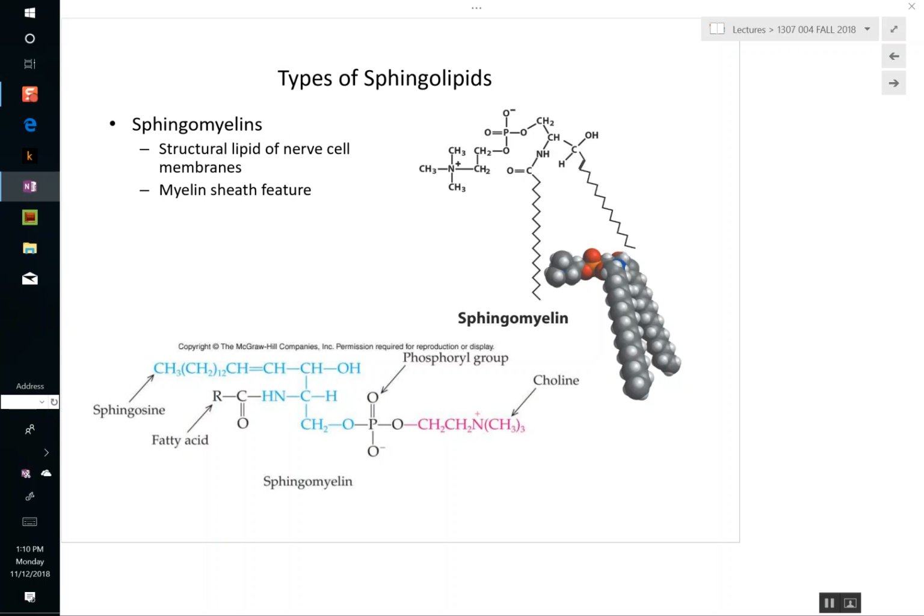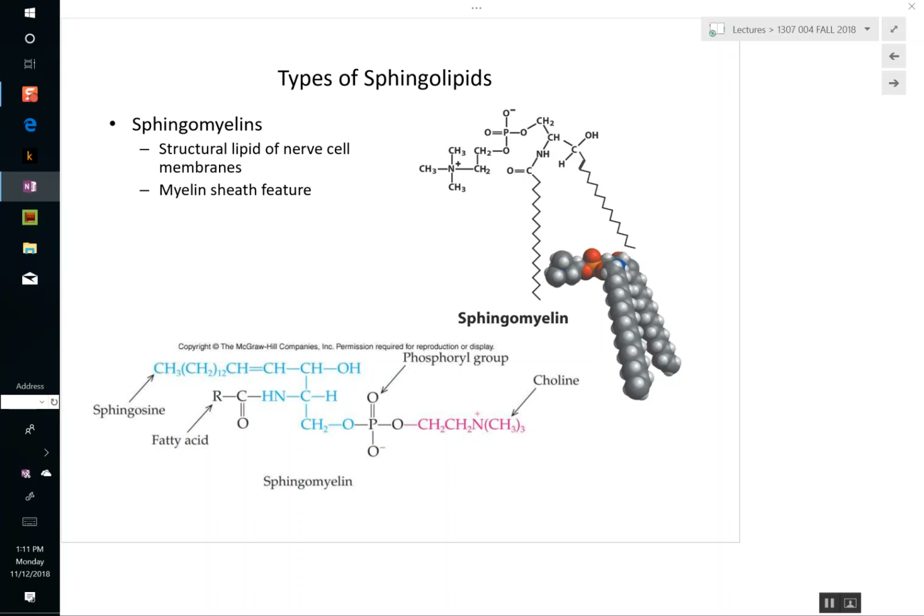On sphingolipids, one of the tails is this long carbon chain and a fatty acid. On phosphoglycerides, they're both fatty acids. So there's your 2 nonpolar tails and a polar hydrophilic head.